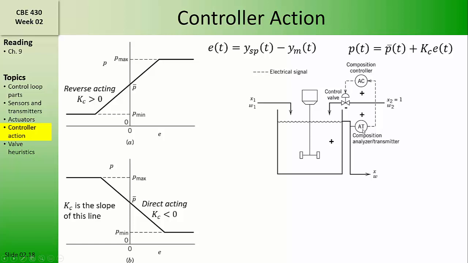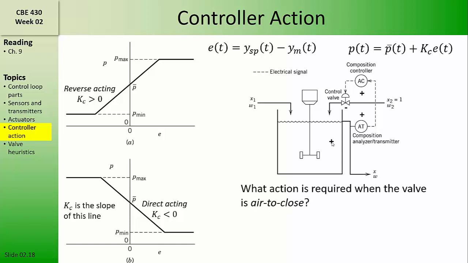That is, the composition analyzer transmitter has a positive gain or is direct acting. The process also has a positive gain. That is, when the flow rate of stream 2 is increased, because stream 2 contains pure solute, the measured composition will also increase. So we can put a positive sign here for the process.